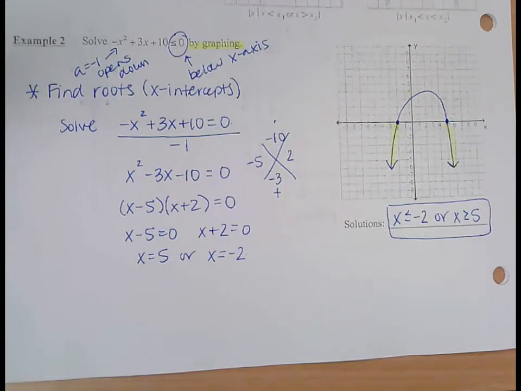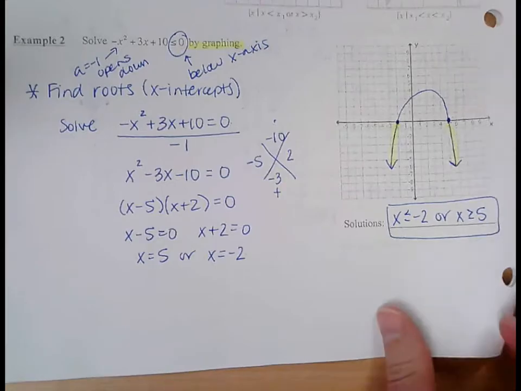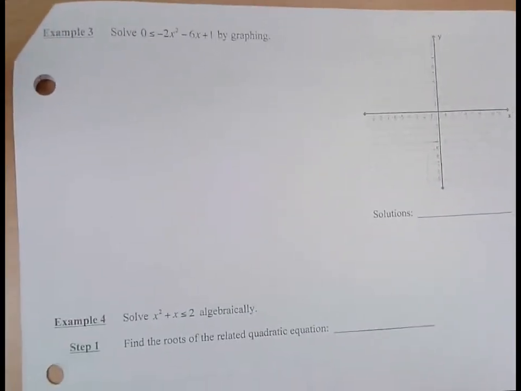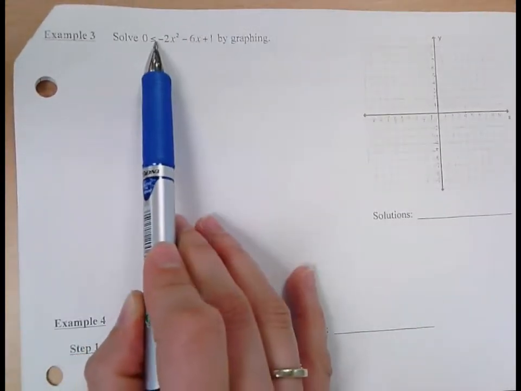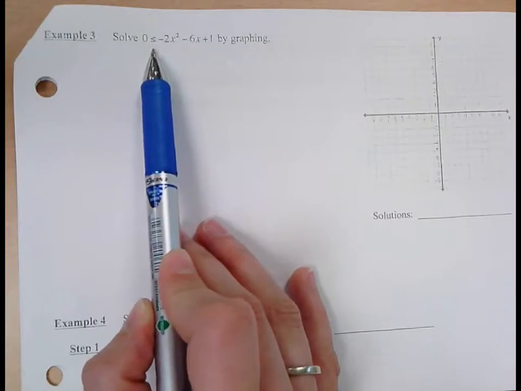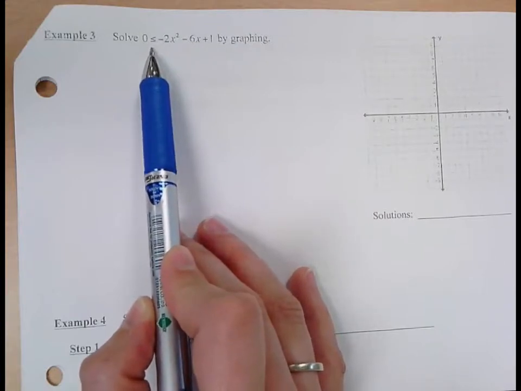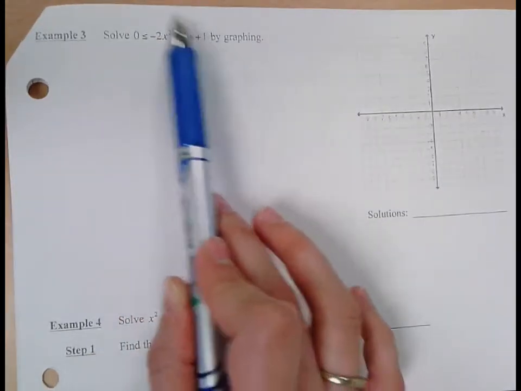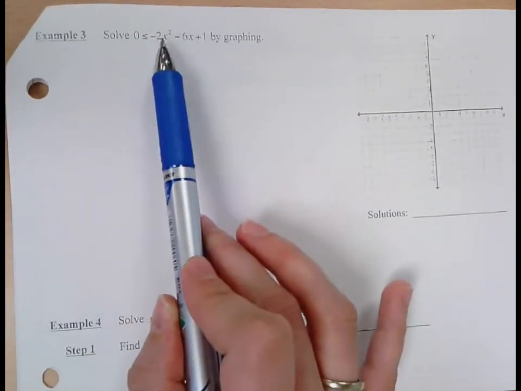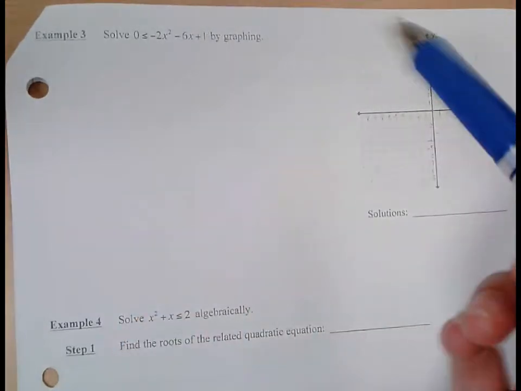We're going to go through another one of these because it works out a little differently in a couple different ways. So looking at example 3. Now when an inequality is given this way, I don't want you to see this and then when you get to the graph think because the symbol is less than or equal to that you're supposed to look below. If you flipped this around, that means you also have to flip the sign around.